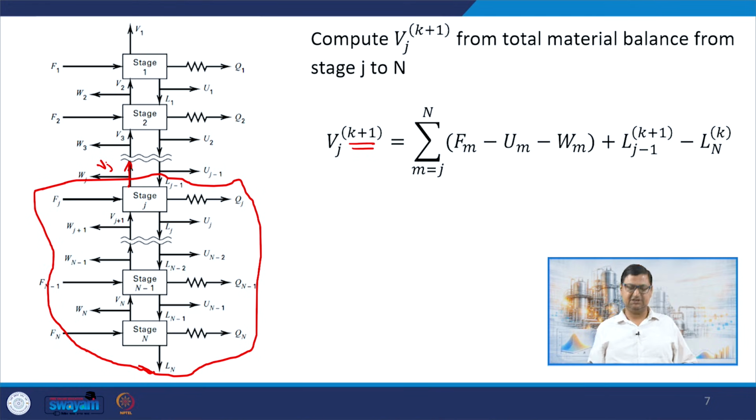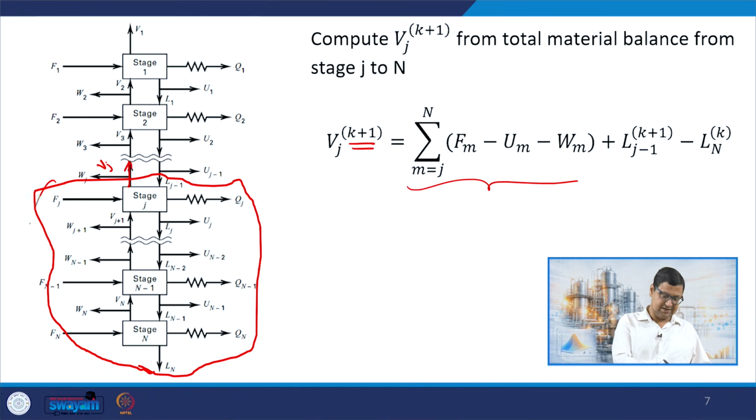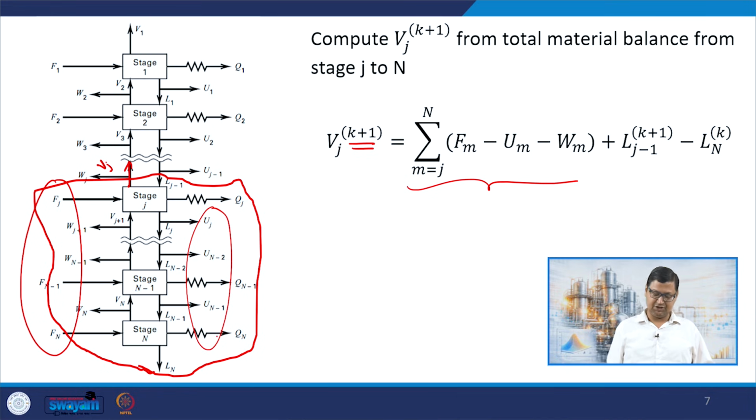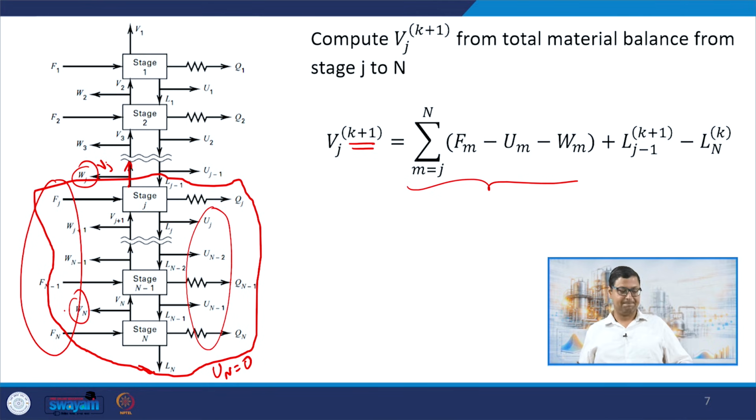I began with Vj k, and that is again going to be a sum over the feed streams, but now it is from feed j to n, and so we are subtracting the liquid side stream now from j to n, but un we are assuming it to be 0, and the vapor side streams wj to wn, right.